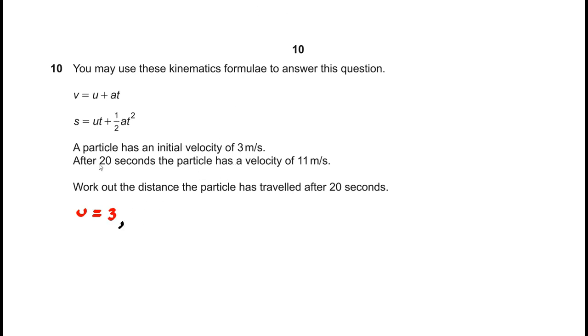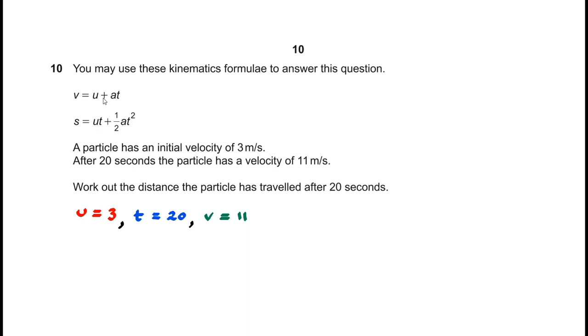We also know that we are looking at what's happening to the particle after 20 seconds, which means t equals 20, and we know that the velocity after 20 seconds is 11, which means v equals 11. Now for me to find the distance, s, I've got u, I've got t, but I don't have a. How could I find a?